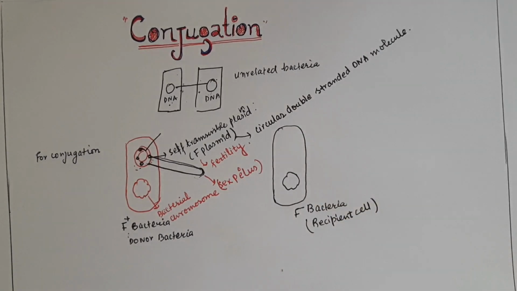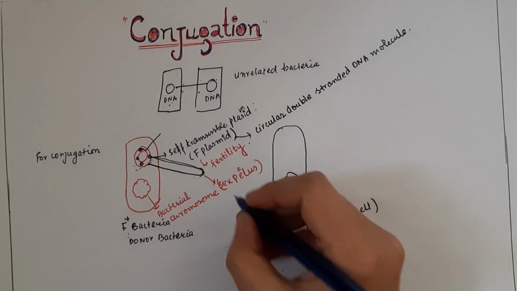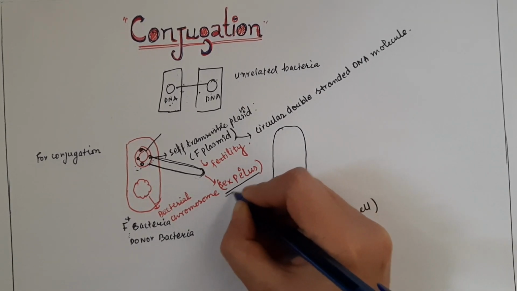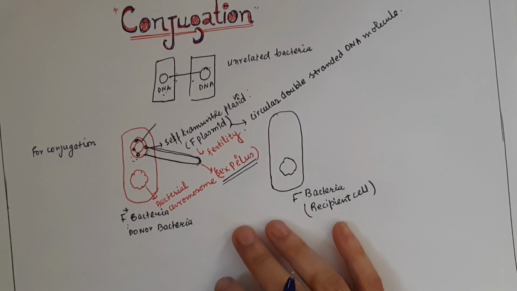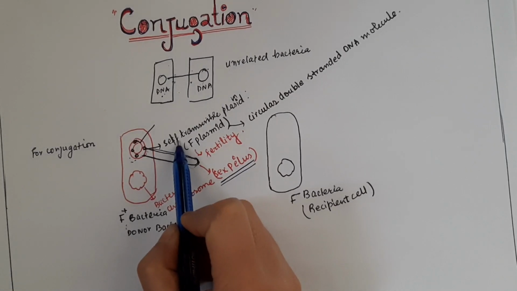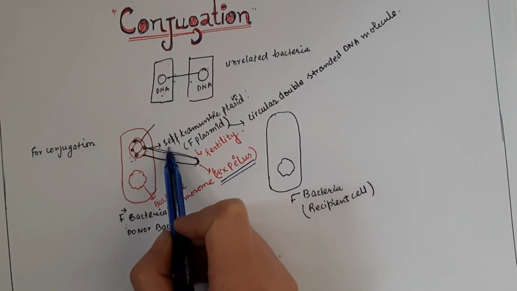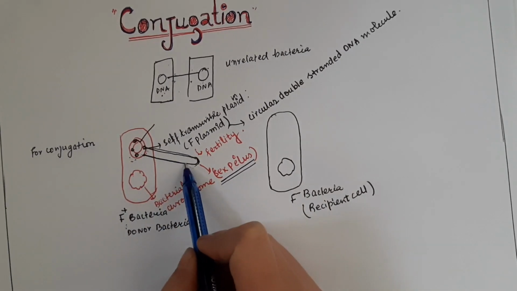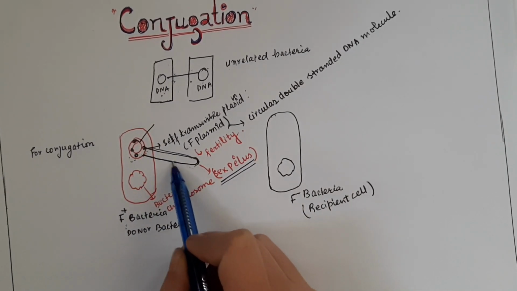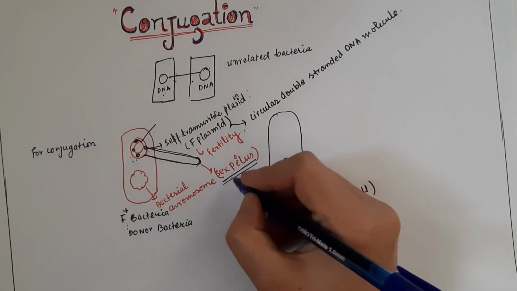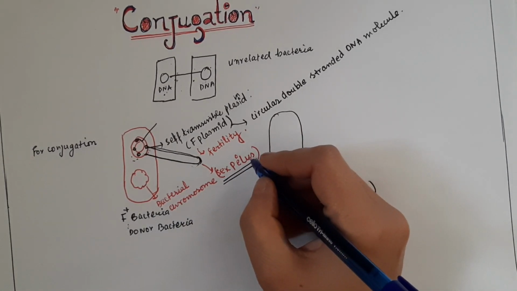This is the main structure by which conjugation can occur. The self-transmissible plasmid has genes that encode enzymes and proteins that form this structure that we call sex pili.